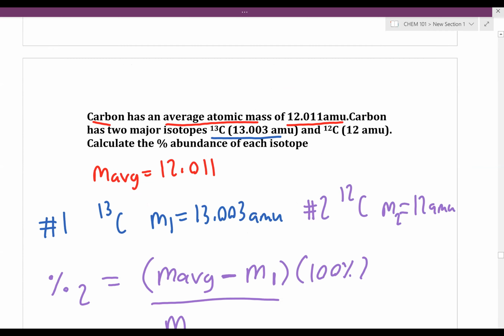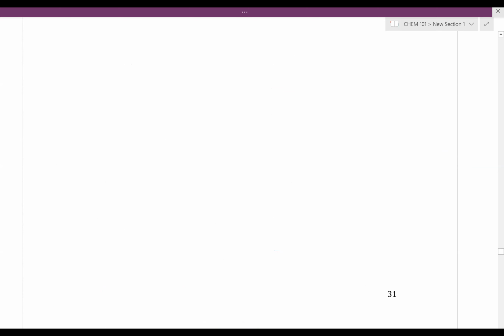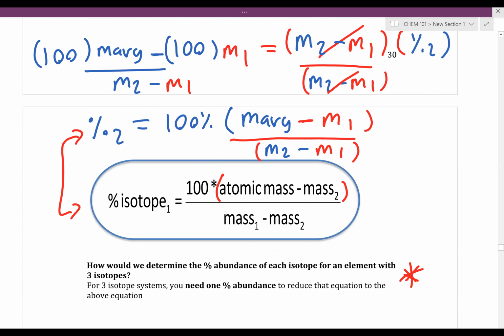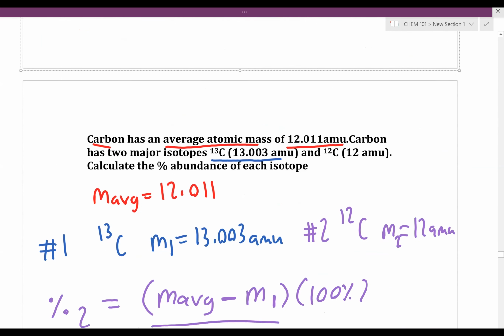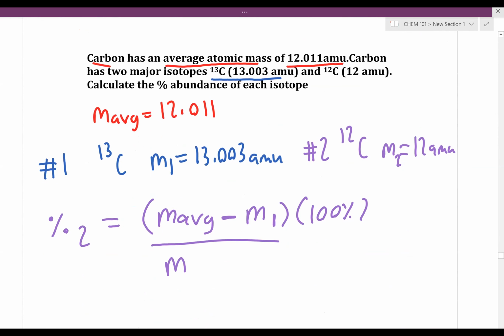Now I'm going to go up and check my equation just to make sure I did this correctly. The mass of 2 minus the mass of 1. So always make sure you're referencing your equation to check you have the right equation written. Okay, perfect. So here is our basic equation used to calculate the percent abundance of a single isotope.